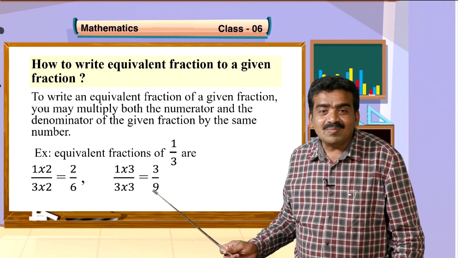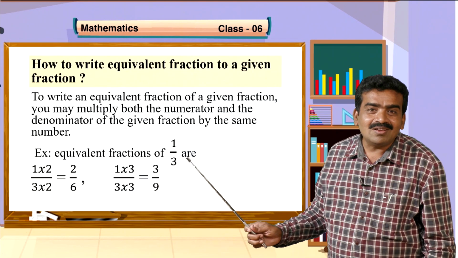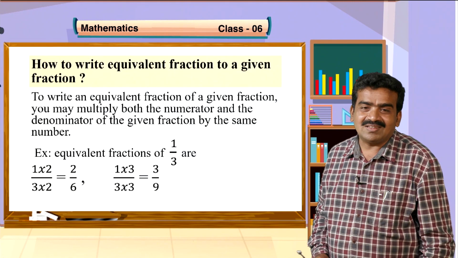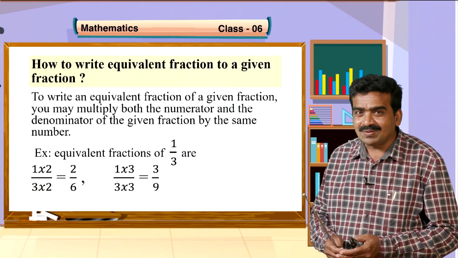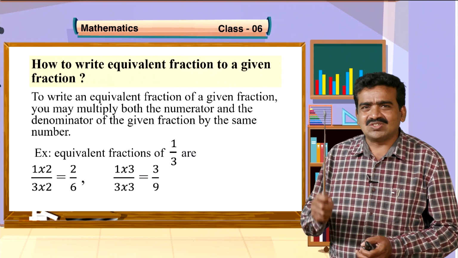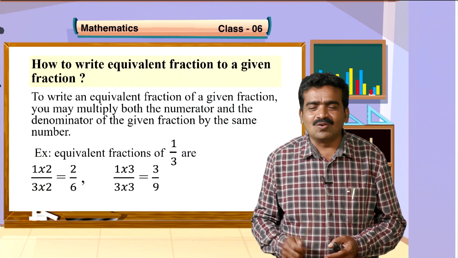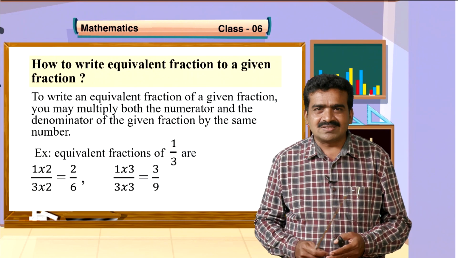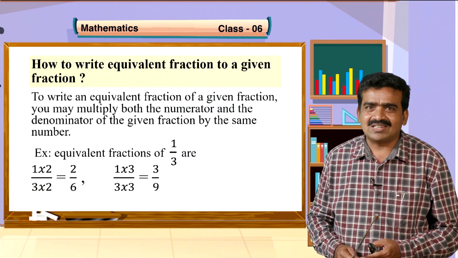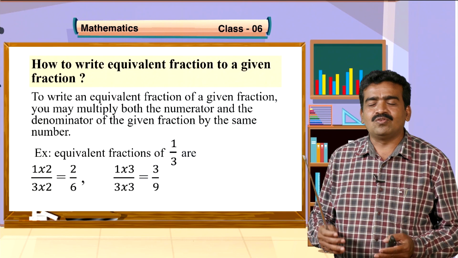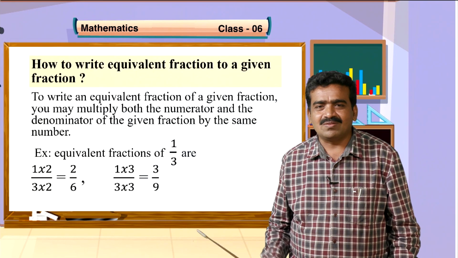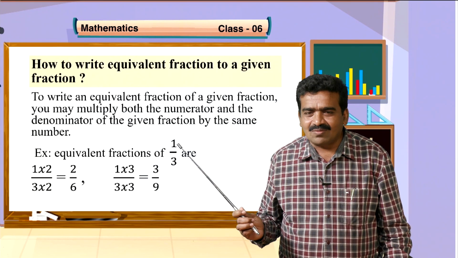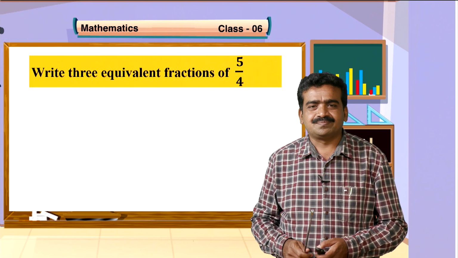Therefore, 3 by 9 is another equivalent fraction for 1 by 3. Can you tell me one more? Yes, my dear student. Just multiply by 4 the numerator and denominator. How much will you get? 4 ones are 4 and 4 threes are 12. Therefore, 4 by 12 is another equivalent fraction for 1 by 3.